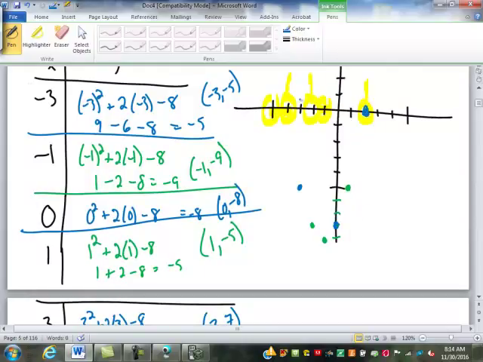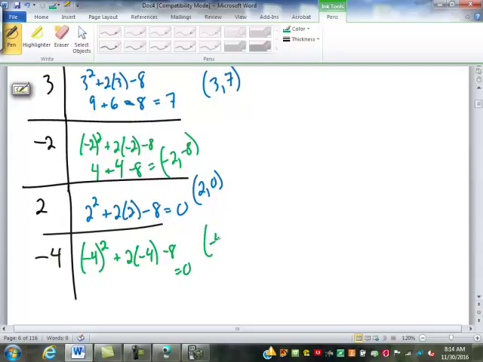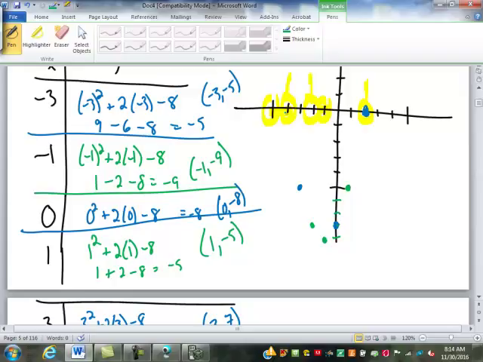Let's try -4. If x is -4, y is -4 squared plus 2 times -4 minus 8. That also comes out to 0. So x is -4, y is 0 is right there.